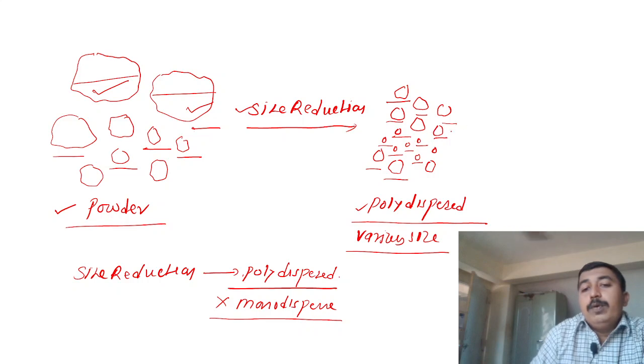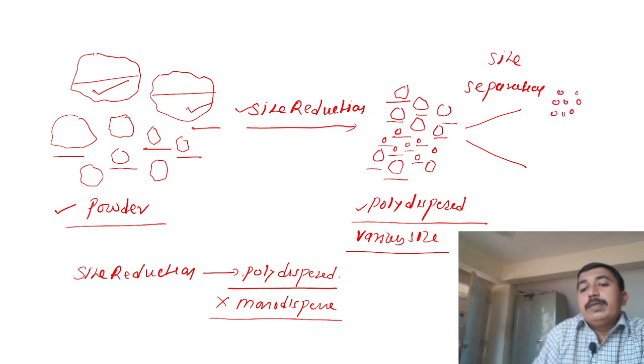For a monodisperse sample, we require one more process, which is known as size separation. Through size separation, we separate out the powder particles according to size. Here you can see this powder sample, which I have subjected to the size separation process, and the powder particles have been separated according to size like this.